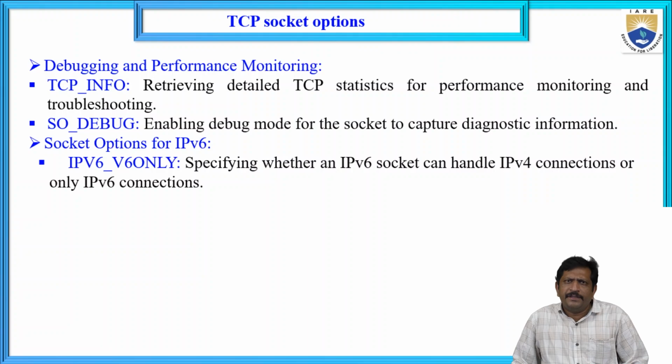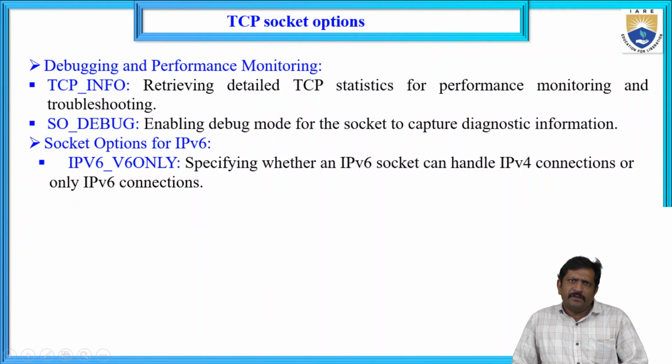Here TCP info, what it is doing generally is retrieving detailed TCP statistics for performing monitoring and troubleshooting in a network. Socket debug, which enables the debug mode for the socket and captures diagnostic information.